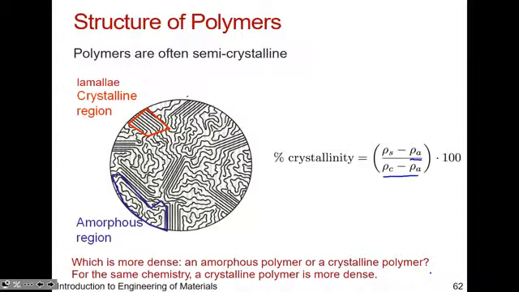The S is the density of your polymer itself. If your polymer is semi-crystalline, it has some density because it's a mixture of crystalline and amorphous. For it to be 100%, it would have the density of the crystalline itself, and the crystallinity would be very similar. So basically, you subtract out the density of the polymer when it's amorphous, and that's the percent crystallinity of your semi-crystalline polymer.